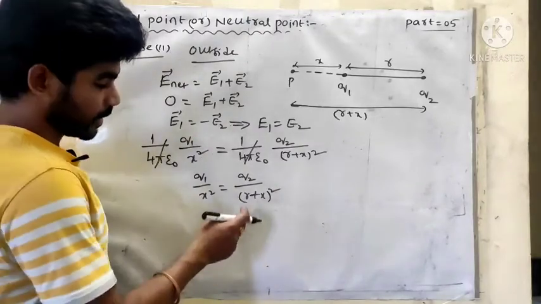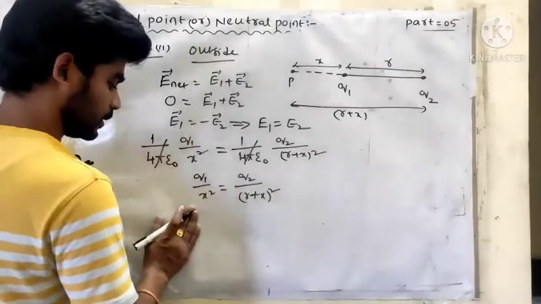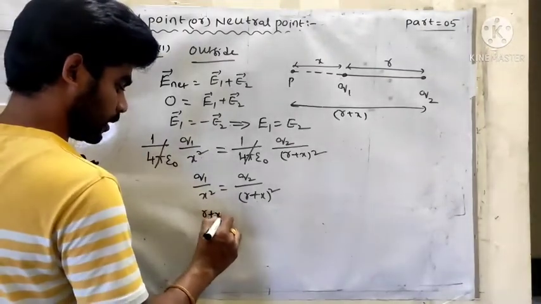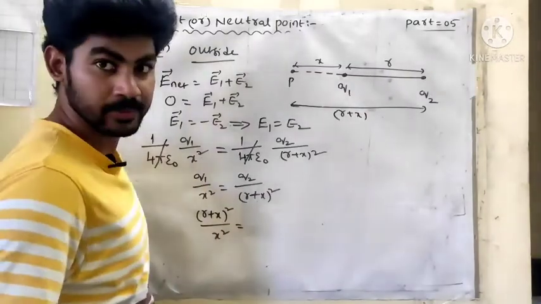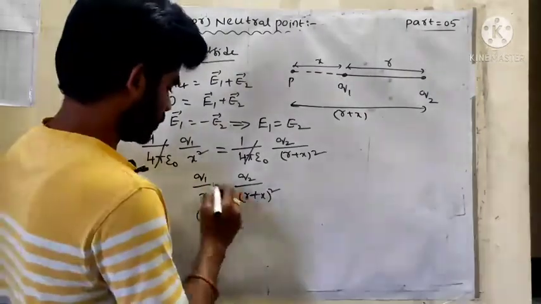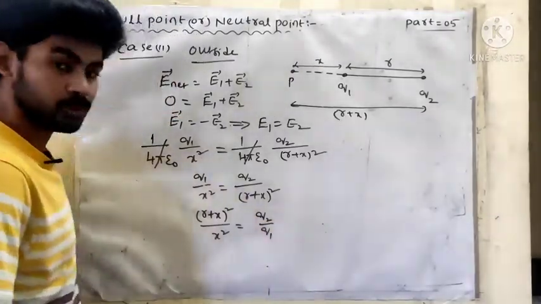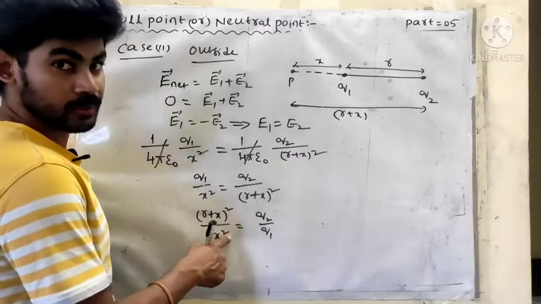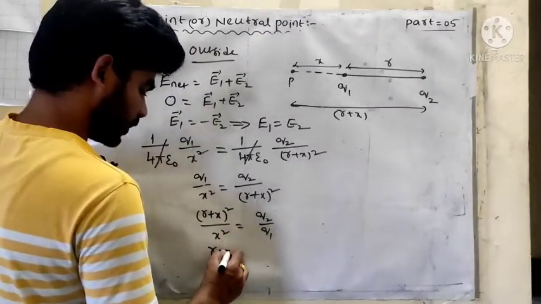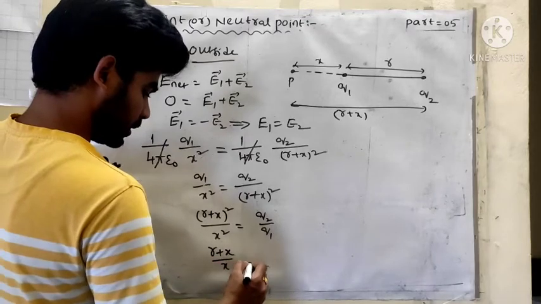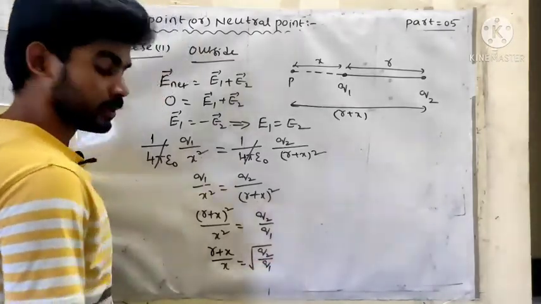Again the same: shift r plus x to this side and q1 to this side. What remains is r plus x whole square by x square is equal to q2 by q1. Now take the common root, so r plus x by x is equal to root over q2 by q1.